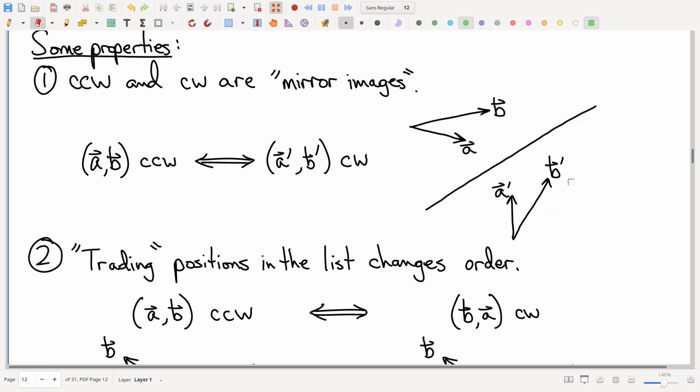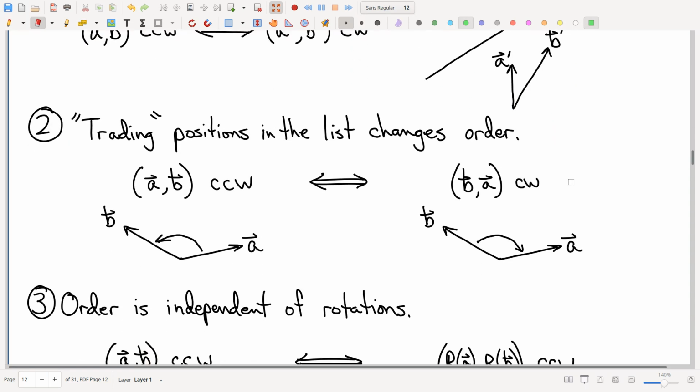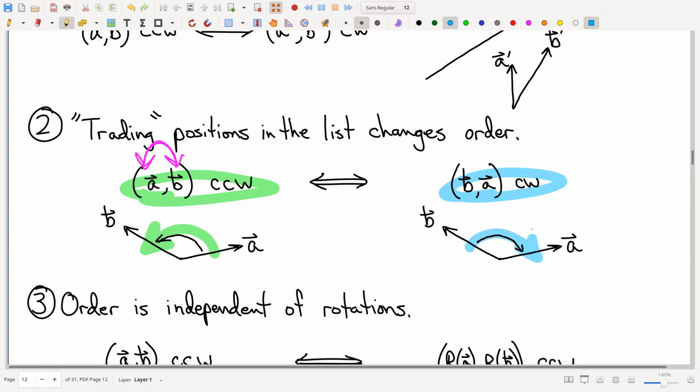Here's another property, pretty believable, I think, and that is that if you trade, if you put B where A was and A where B was, then the result is that what had been a counterclockwise list turns into a clockwise list. Well, again, I think that's pretty believable. Just look at the picture, pretty satisfying. I hope you buy it.